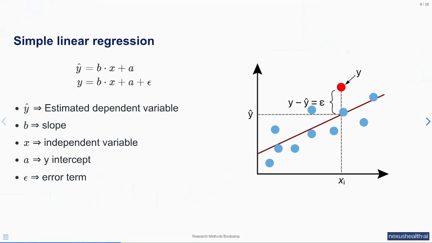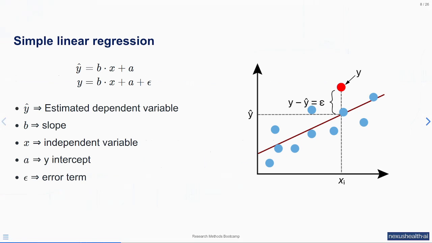However, we have y hat, which is the estimated dependent variable given to us by the regression equation. If you look at this equation, we see y hat equals bx plus a. Recall the equation of the straight line that we have come across in the past.